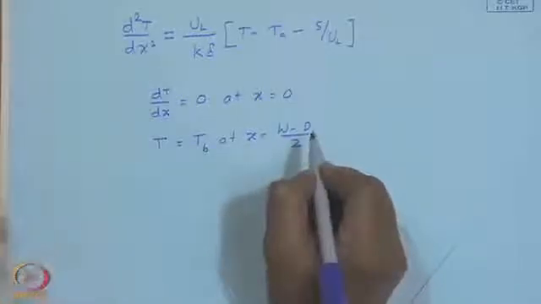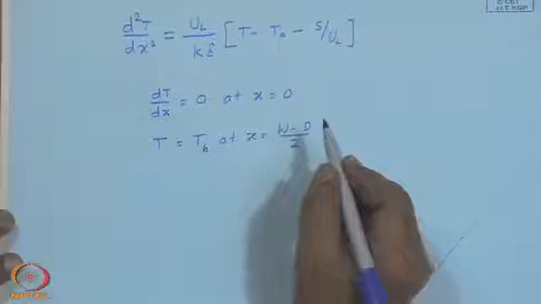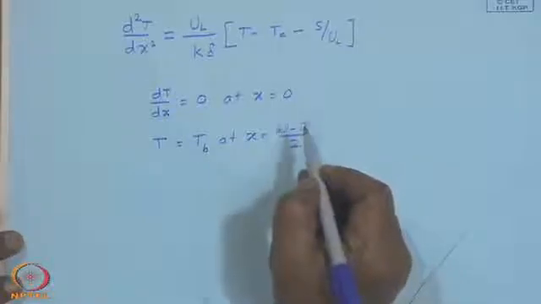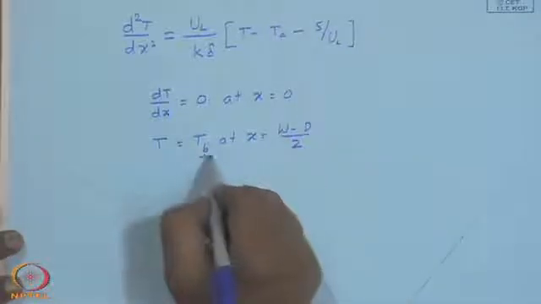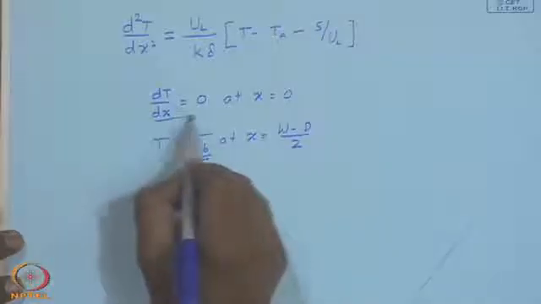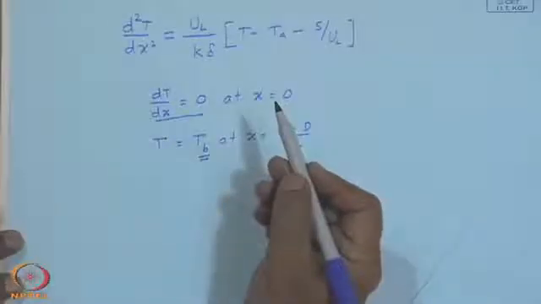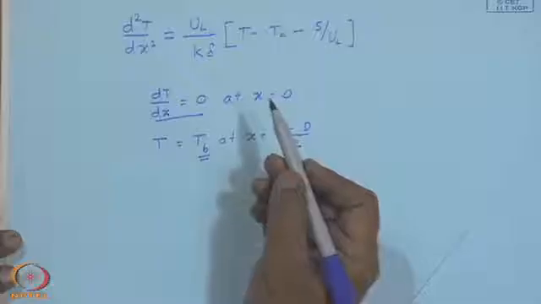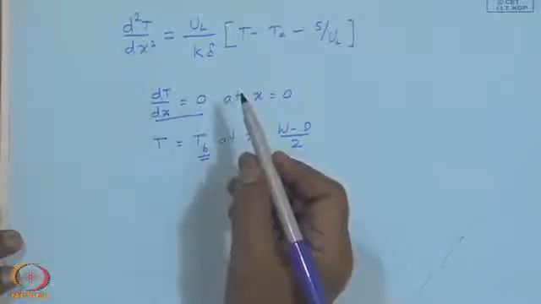At the base of the tube, this is given by x equal to W minus D by 2, and it is T b. And by virtue of symmetry, we call the insulated thing, in heat transfer terminology, because dT/dx is 0.